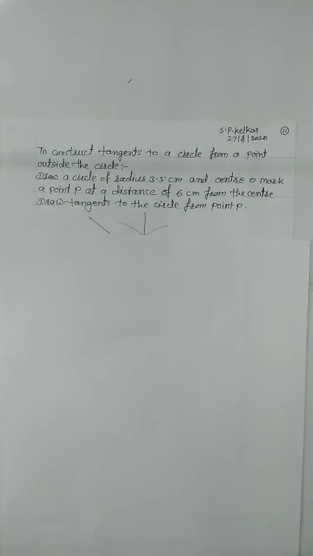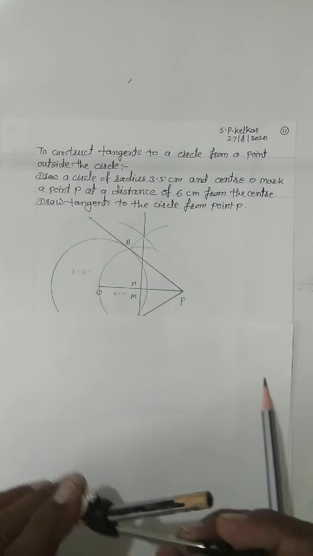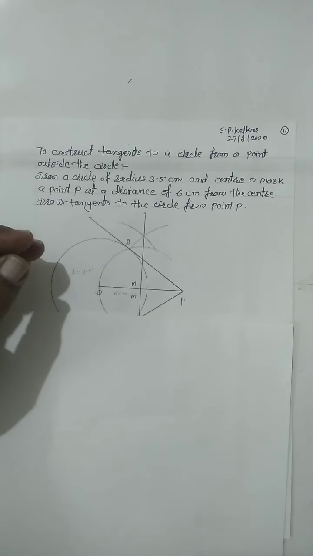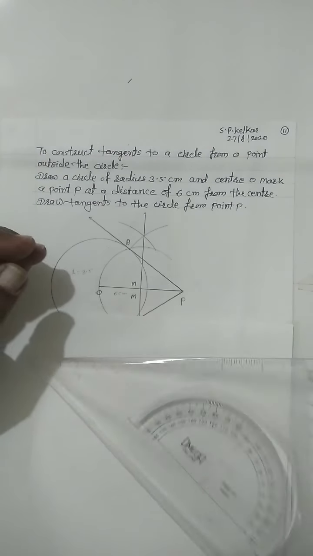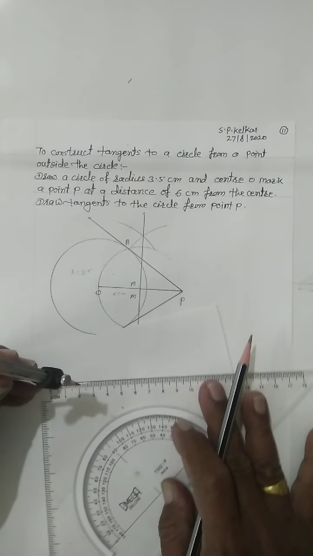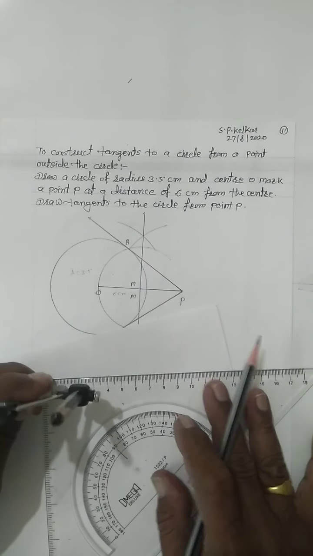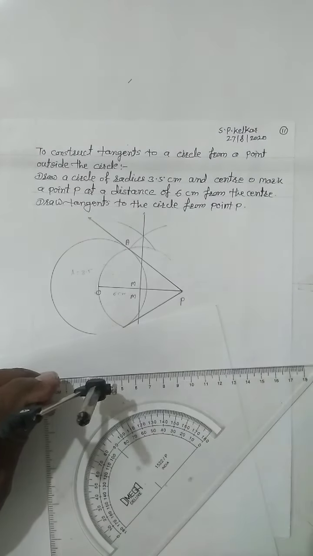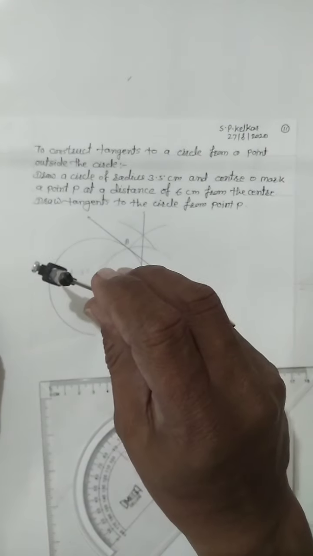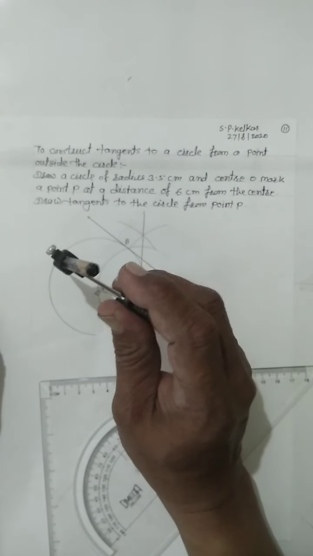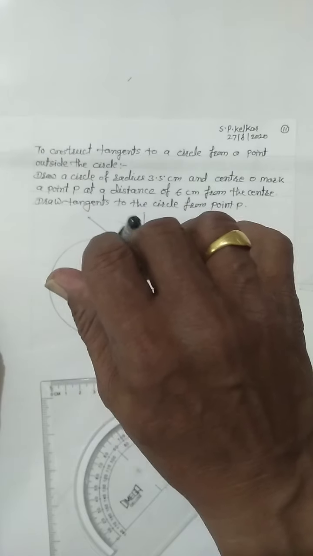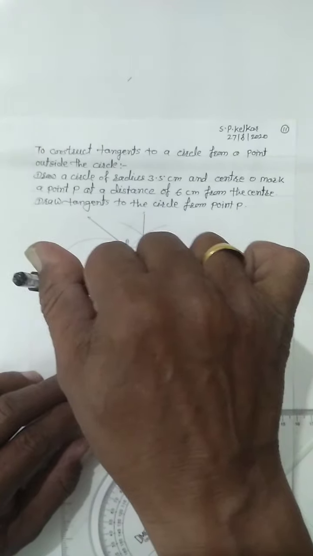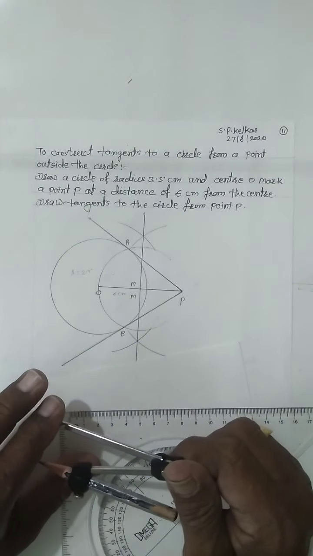Now, firstly, take a radius, means take a distance between two terminals of the compass is 3.5 centimeter, and draw the circle having center O. In this way, we draw the complete circle of the radius 3.5.